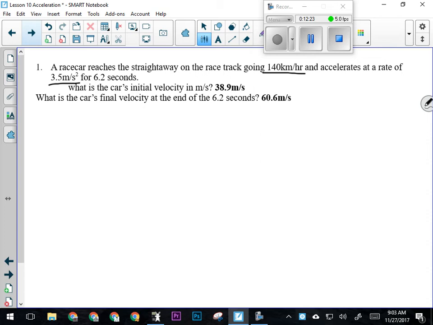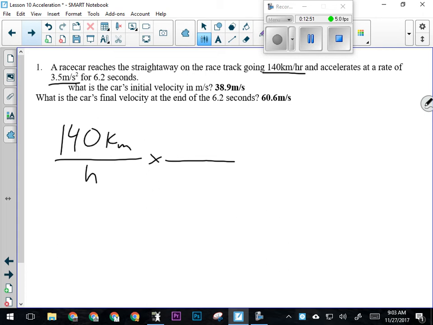So how many units do I have to convert there? Two. I've got to convert the kilometers to meters and the hours to seconds, which isn't hard. So here's how we do that. We have 140 kilometers per hour, written like that, kind of like a fraction. If I want to convert the kilometers into meters, what do I have to multiply by? 1,000. Kilo means 1,000. That's the beauty of the metric system.